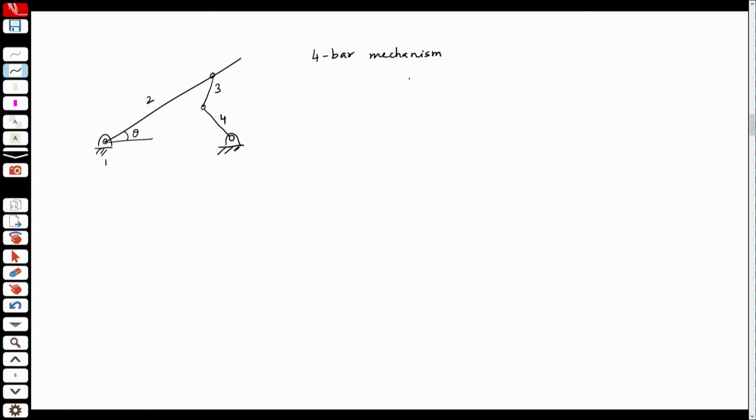You do not even need to do the analysis for a 4-bar mechanism in this case. I said the arms are of equal length, A and A. So, if I know this, then from here I just take an arc equal to A, and right below that another arc, and that is my location of the arms. So, I know the angles of these as well. I know the complete configuration once I know theta.